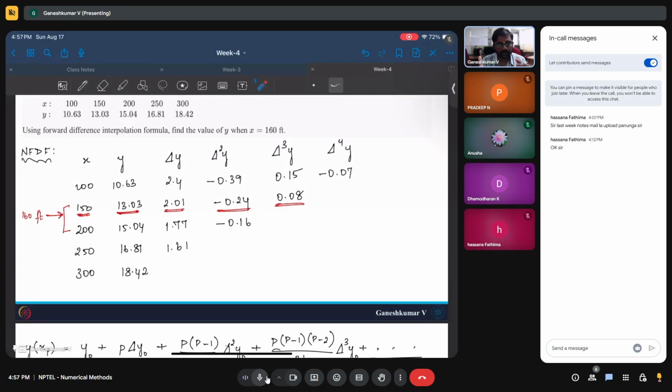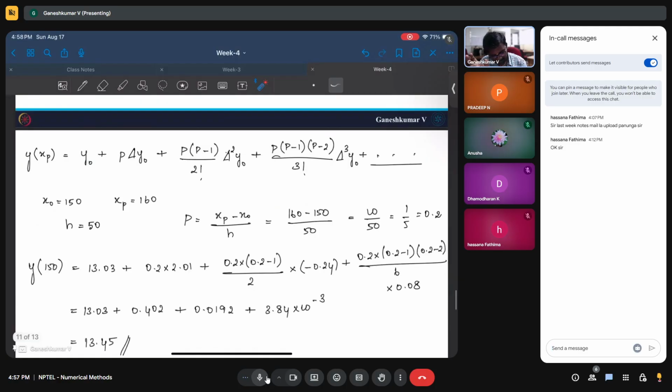You have to choose x naught in such a way that p comes between 0 and 1. You cannot choose 200 also. If you chose 200, it's going to be minus 0.8, which is outside the range. So for forward difference, p should satisfy 0 less than p less than 1. That is the condition you should satisfy.